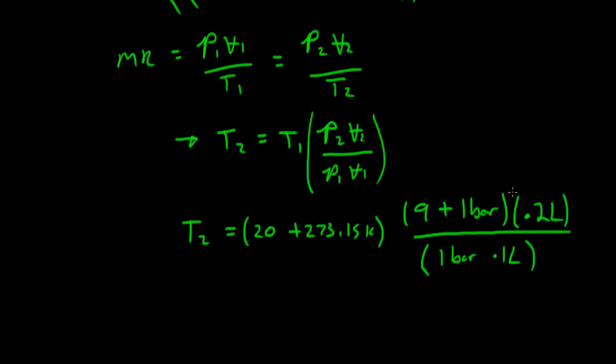Note that here the bars and the liters cancel, and we don't need to provide any kind of unit conversion. Computing the result, we see the temperature at the end of the compression stroke, but before burning, is 586.3 Kelvin.